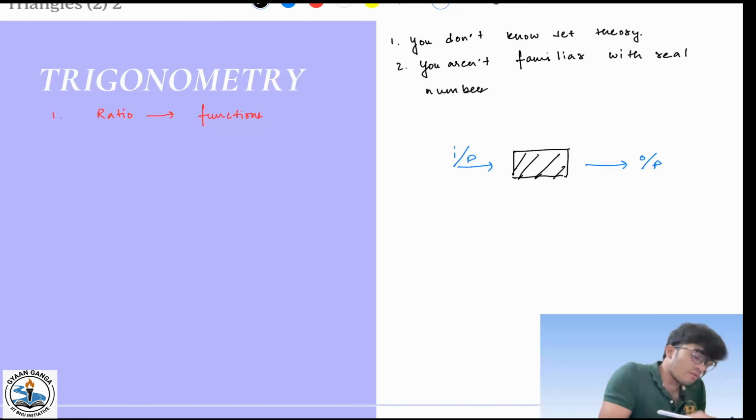So the operation can be very simple. Let's say input is typically denoted by x and output is typically denoted by y. So it can simply be of the form, let's say, you take the input and you add 3 to it. This can be a possibility.